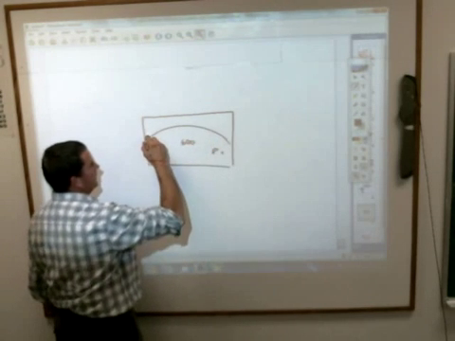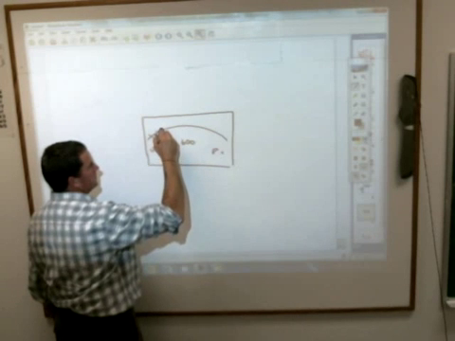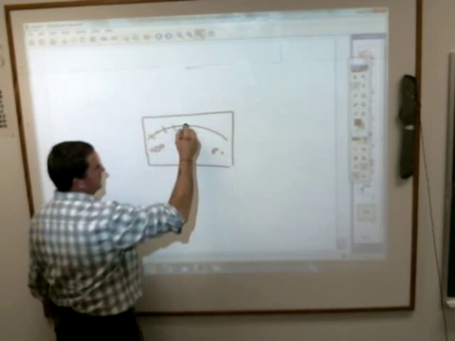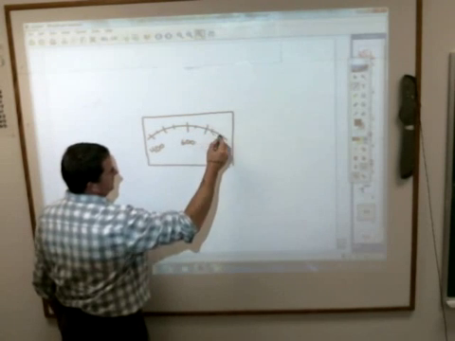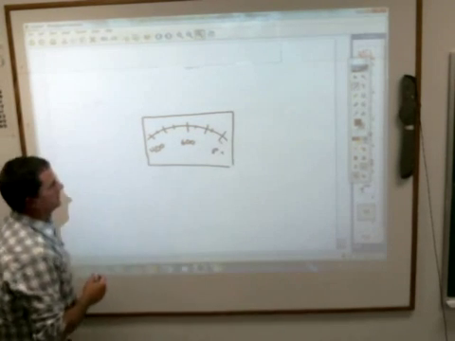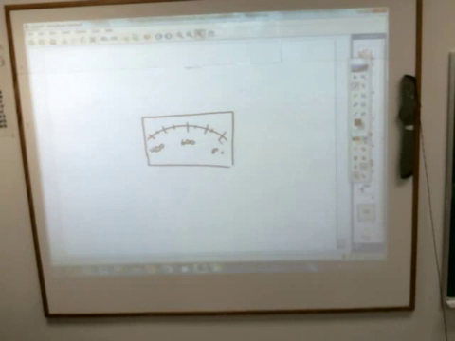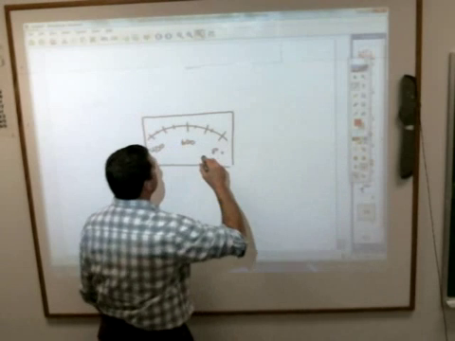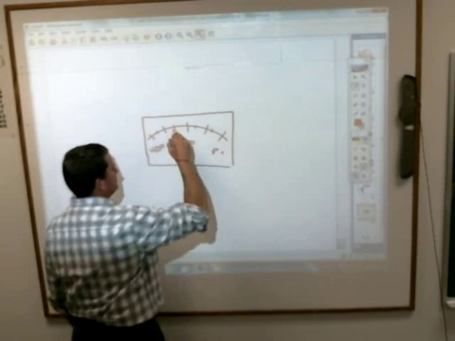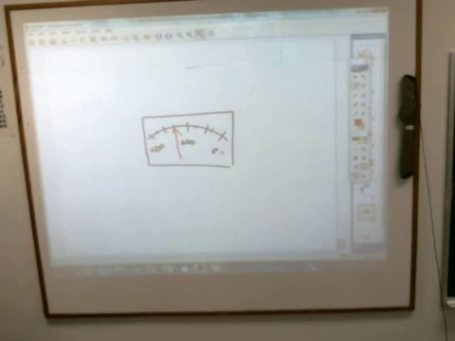They have marks all along it. And then the arrow is pointing to right here. What number would that arrow be pointing to?